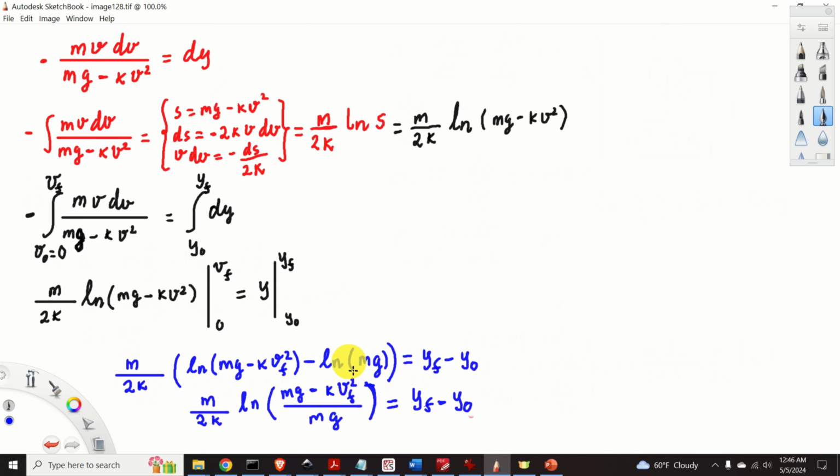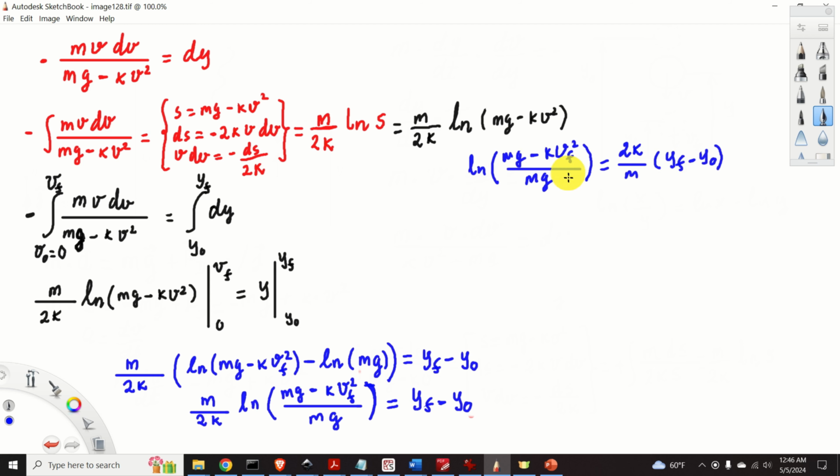Let's do that. First of all, from this equation, we have that ln of (mg minus k vf squared) divided by mg is equal to, let's see what do we have over here, 2k over m multiplying y final minus y0.